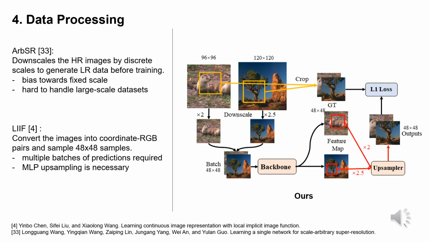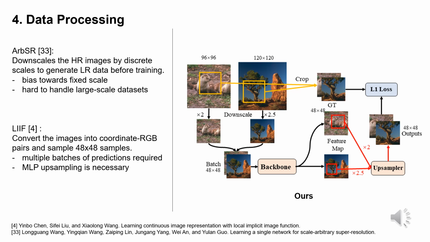The fourth problem: how to train an arbitrary scale model. To enable training with different image sizes and avoid bias towards fixed scale as in ARB-SR, we propose a new data processing method to encourage a more general training scale coverage. We first downscale HR images to 48 by 48 pixels, forming stacked input batches. After backbone feature extraction, only target regions are upsampled to HR by the learned scissor model, together with the corresponding regions from the ground truth HR images, forming L1 loss training pairs.